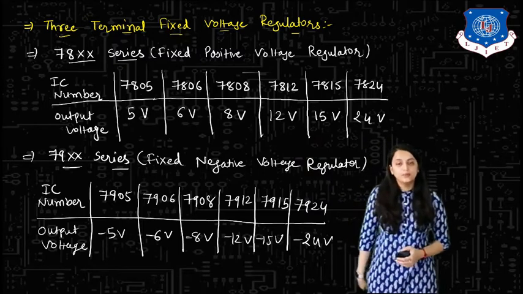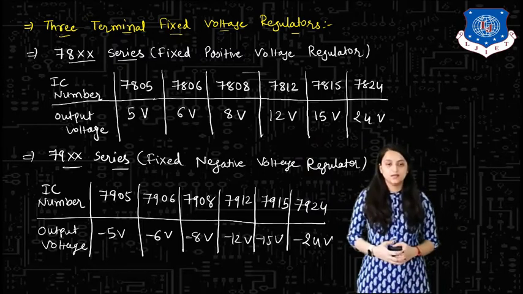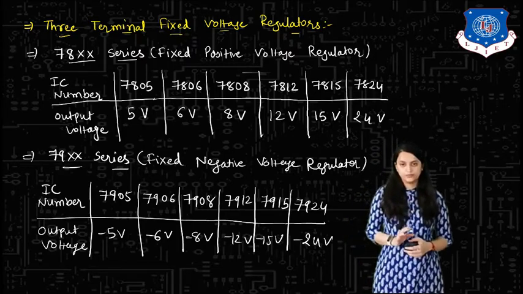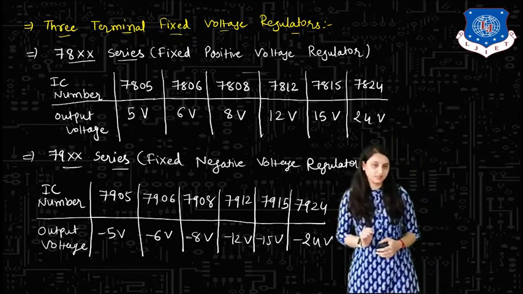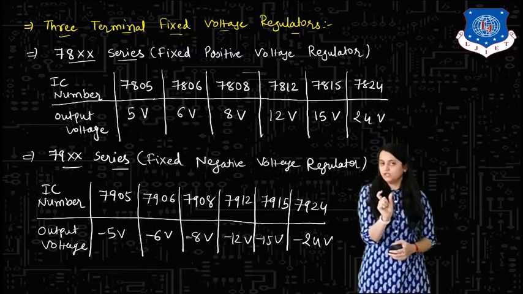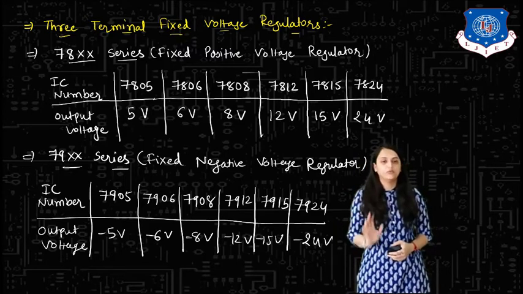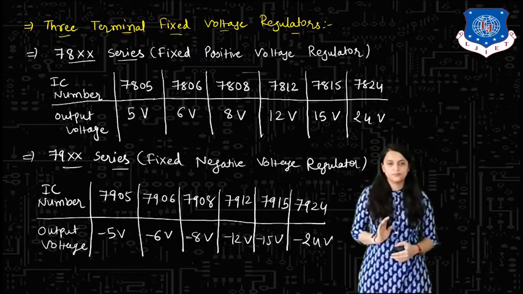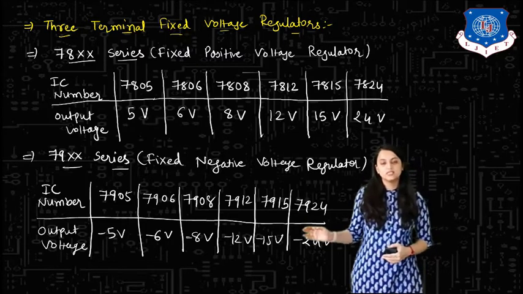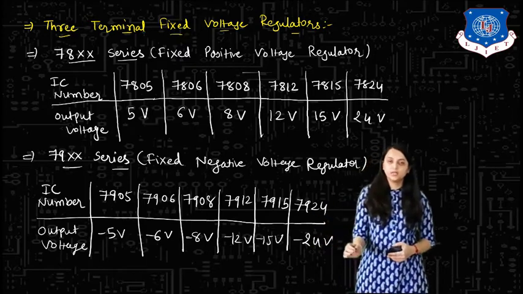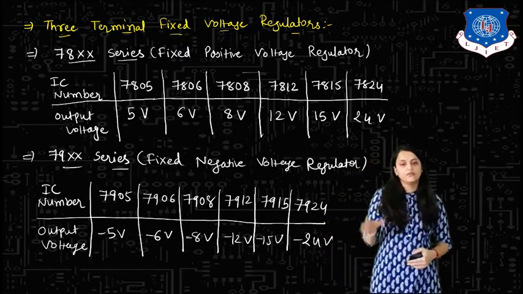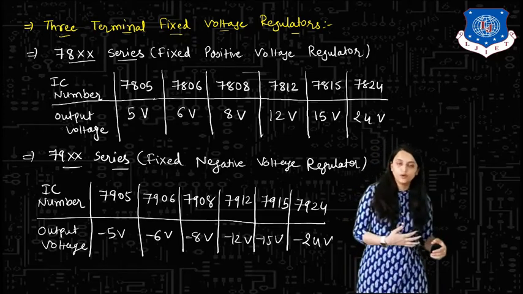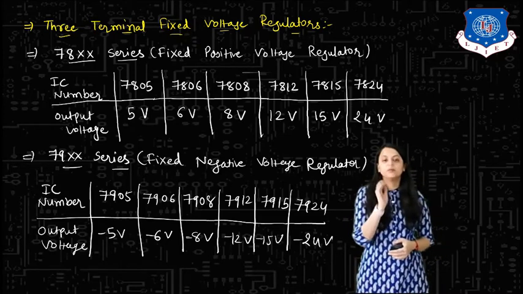Likewise, the 79XX series will give you fixed negative voltage output. That means 7905, the last digits indicate the value of the voltage but negative. It means 7905 will give minus 5 volts. Same way, 7906, 7908, 7912, 7915, 7924 will give the output voltage according to the last two digits but negative.